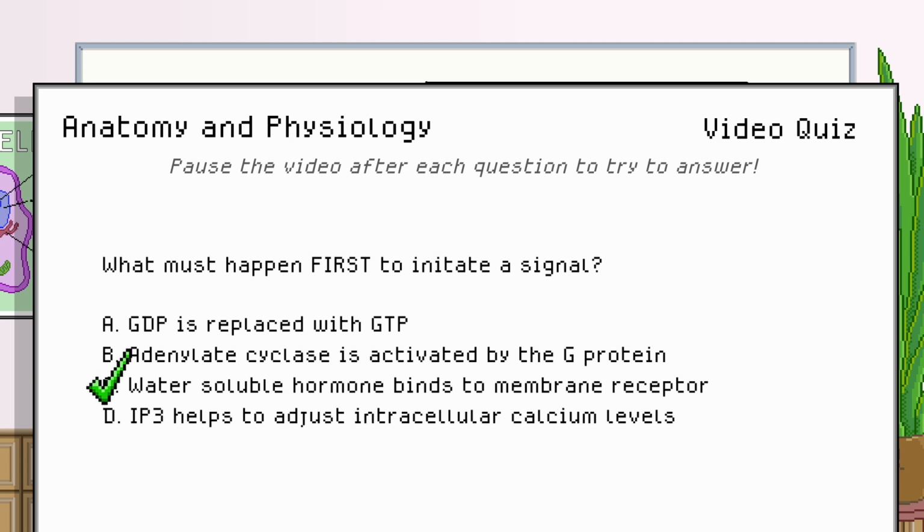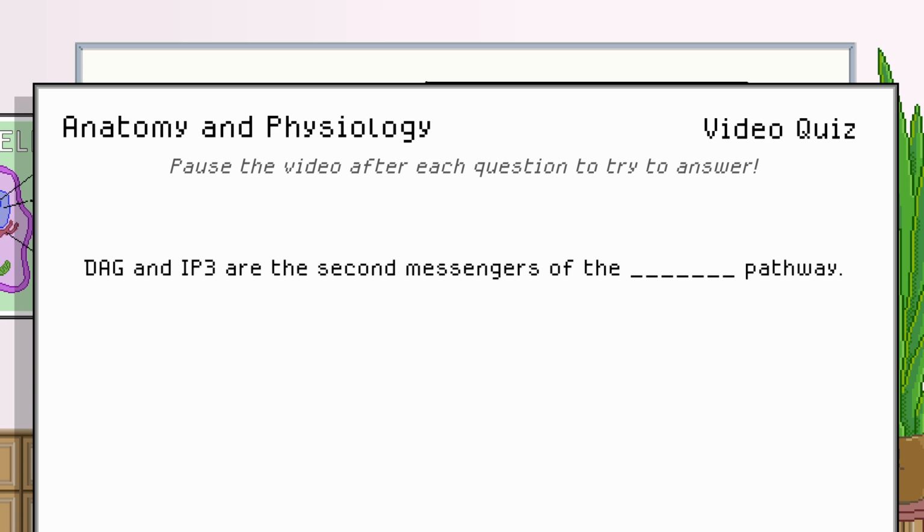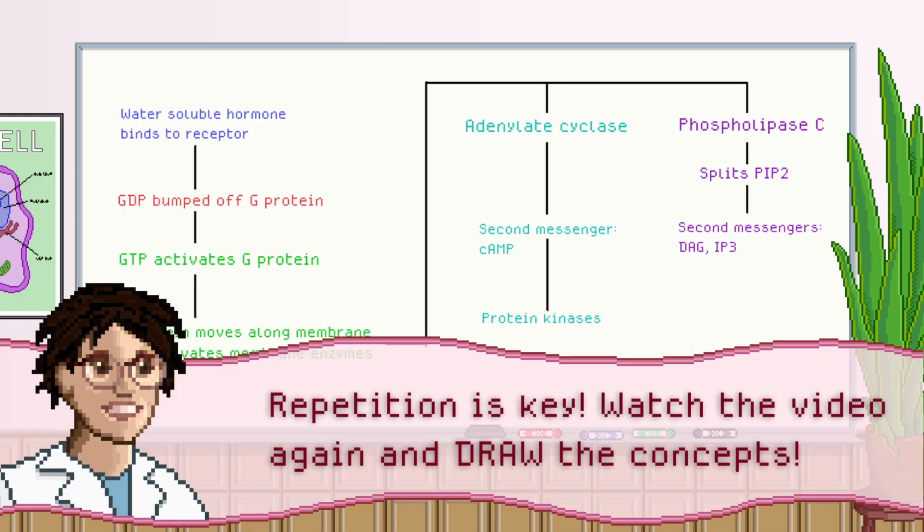Water-soluble hormone binds to the membrane receptor. cAMP is the second messenger of this pathway. Adenylate cyclase. Diacylglycerol and IP3 are second messengers of this pathway. Phospholipase C.